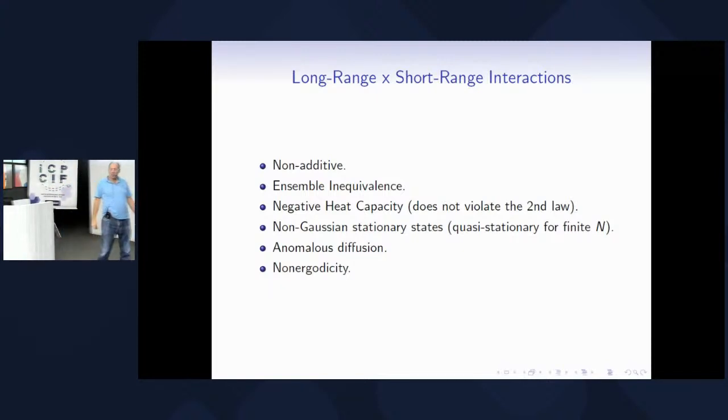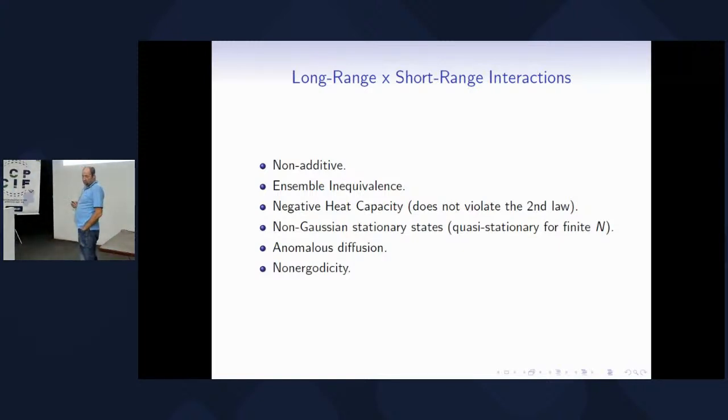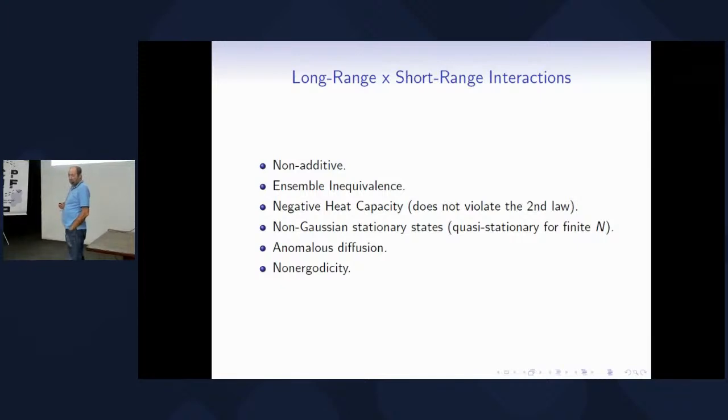So the energy is non-additive, and this creates another little problem: if your energy is non-additive, your entropy will also not be additive. And this can generate a whole debate, but we will not discuss this here.